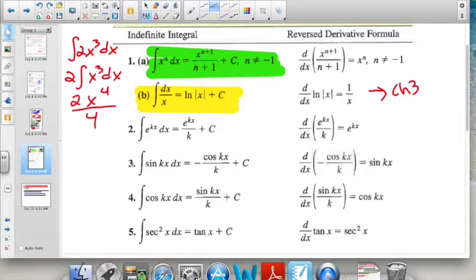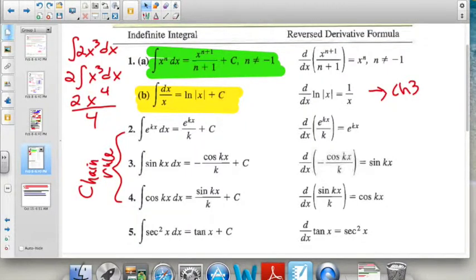Notice we have this k. Like, this k is just a number like sine of 3x. So these are all dealing with chain rules. Okay, when we have something more complicated than just an x. We've got a k, and we've got like a 3x or a 5/2 x or something.